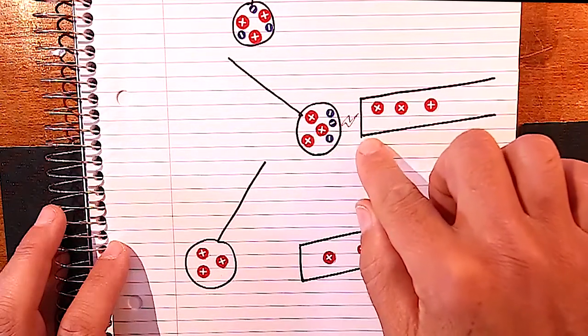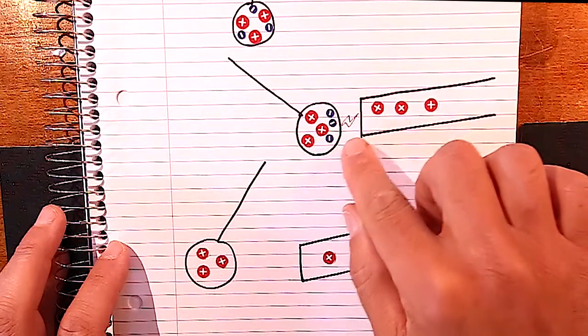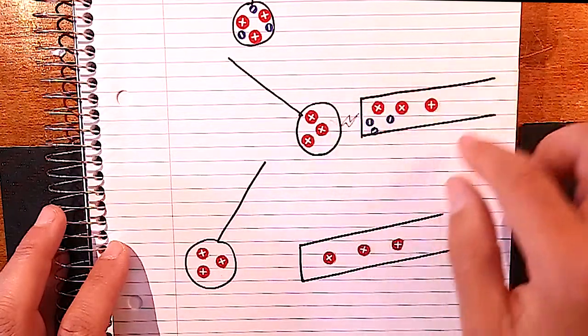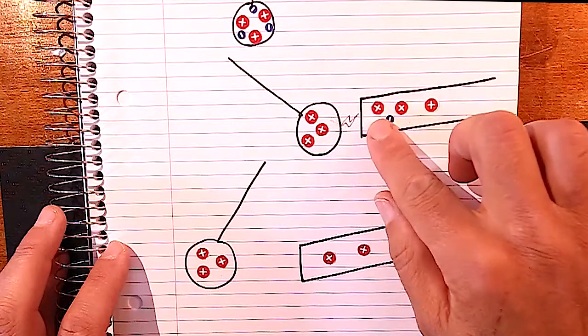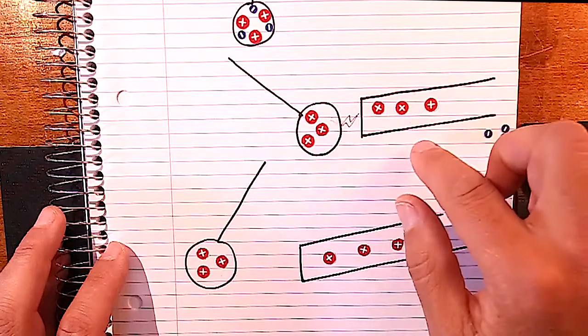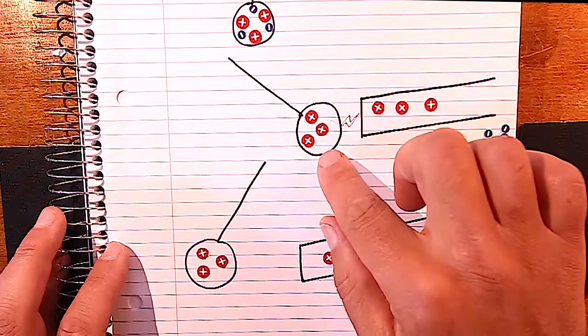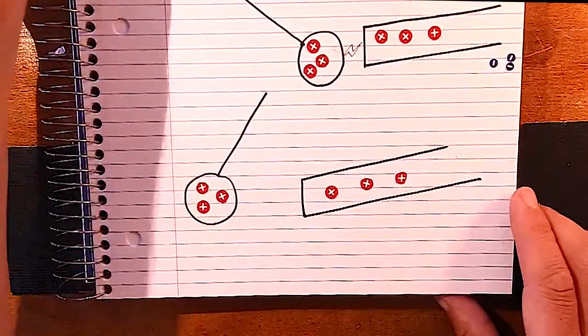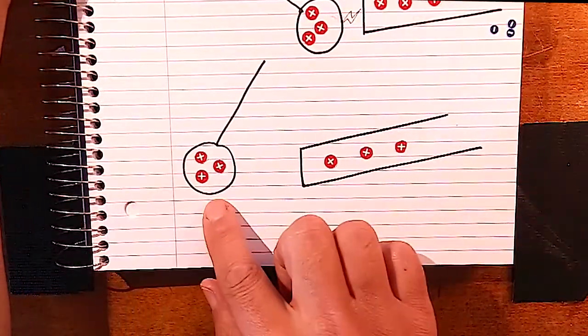If it's close enough to get contact or jumping, the electrons will jump into the rod. Now, the rod is so positive that these electrons don't really matter, and this ends up staying positive. Well, what happens if we have a positive pith ball and a positively charged rod? Well, in that case, we get repelling.